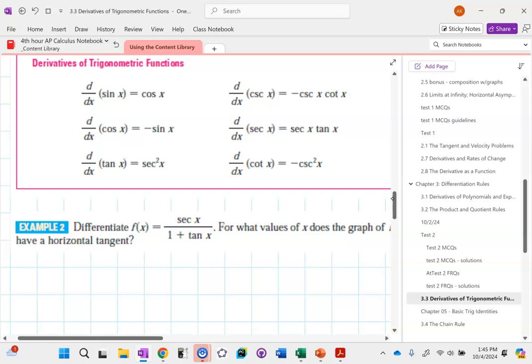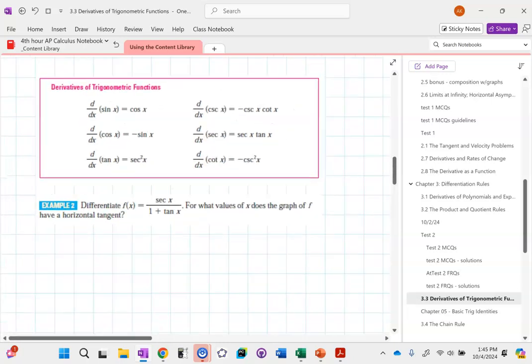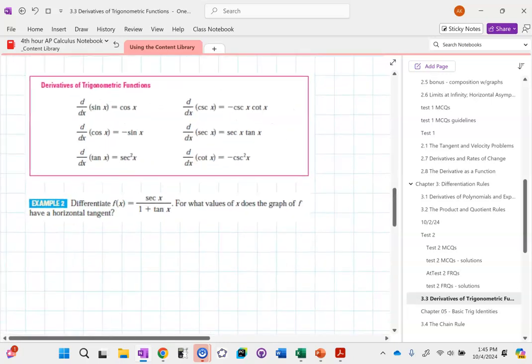All right, let's look at this next example. It says differentiate f of x equals secant x over 1 plus tangent x. For what values of x does the graph of f have a horizontal tangent? So what this is really asking us to do is to solve for the derivative of f equal to 0.